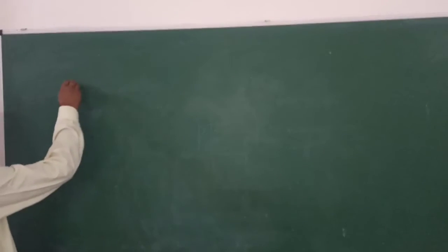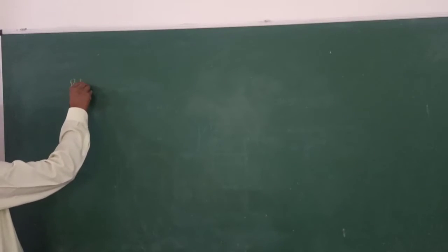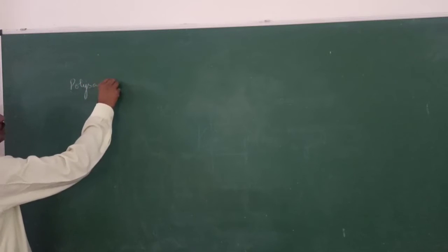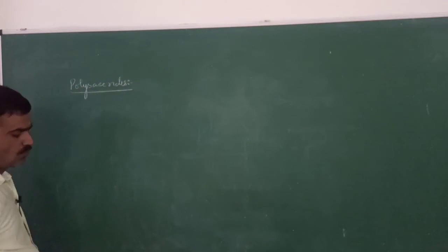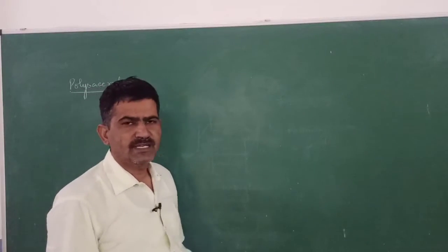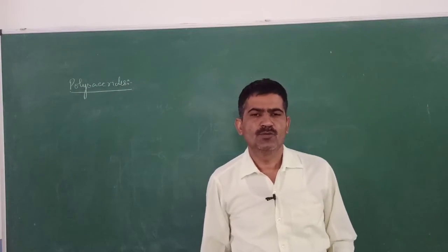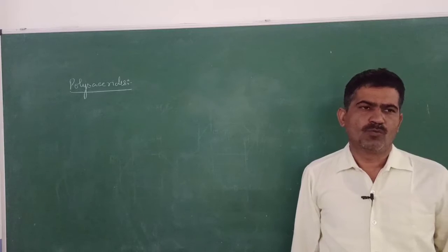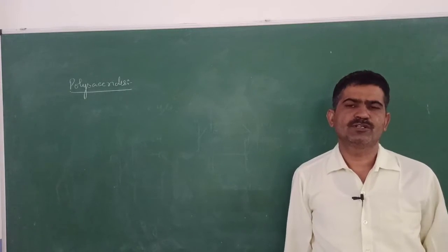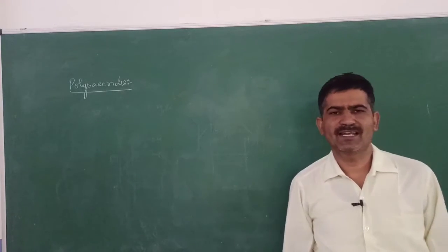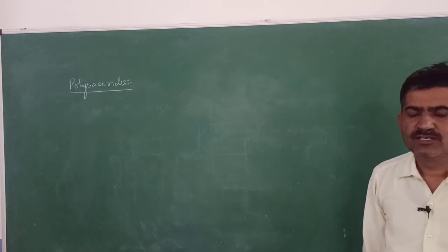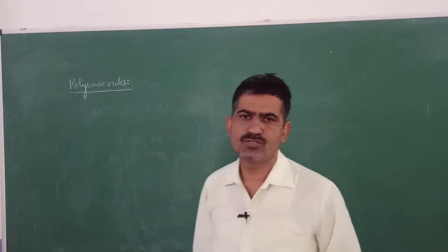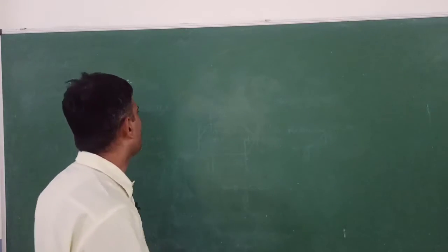Let us see polysaccharides. What are polysaccharides? Polysaccharides are the carbohydrates which give 100 to 3000 units of monosaccharides on hydrolysis. Their examples are starch, cellulose and glycogen.